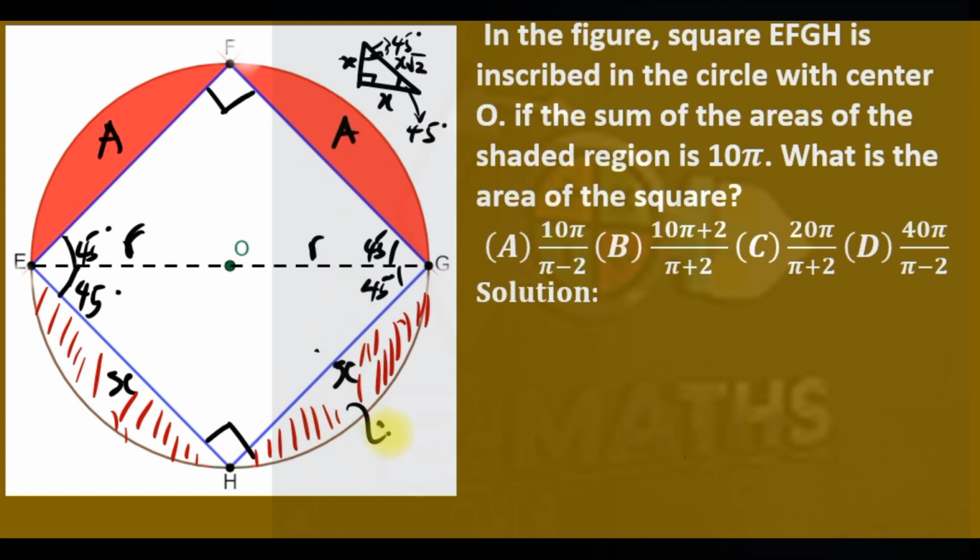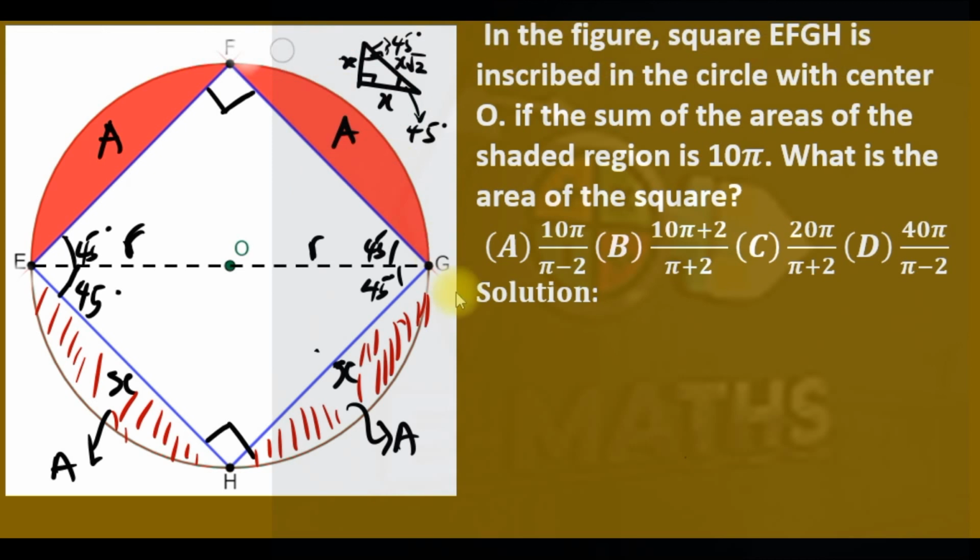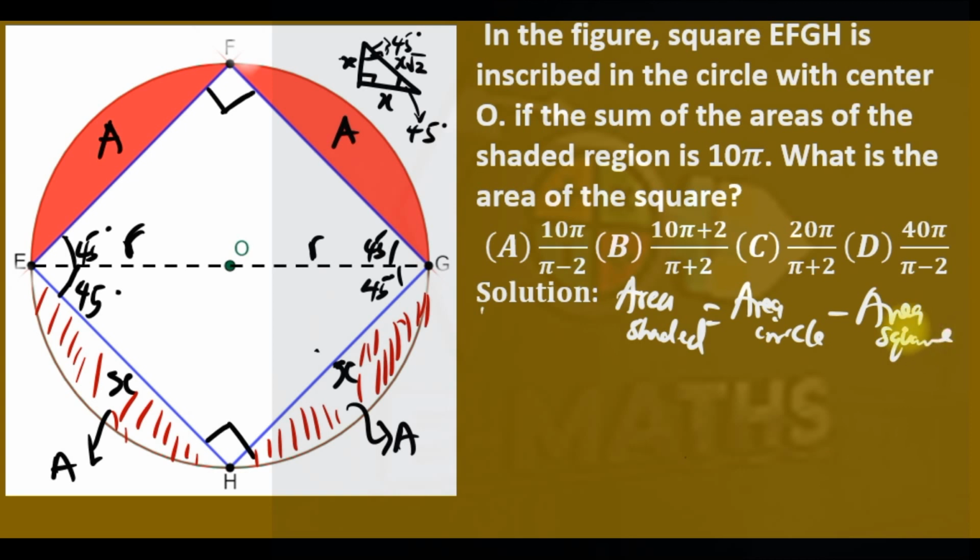This is also A, this is also A. We can easily see that the area shaded is equal to the area of the circle minus the area of the square. And we need to get the area of the circle in terms of the side of the square, because we are looking for the area of the square.